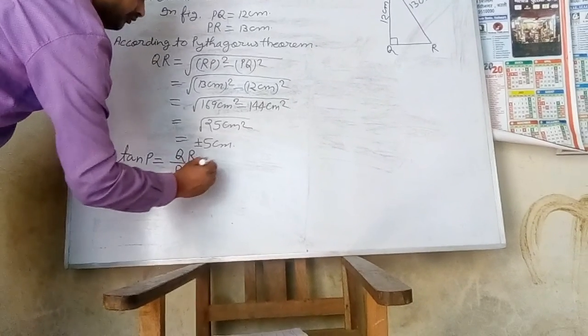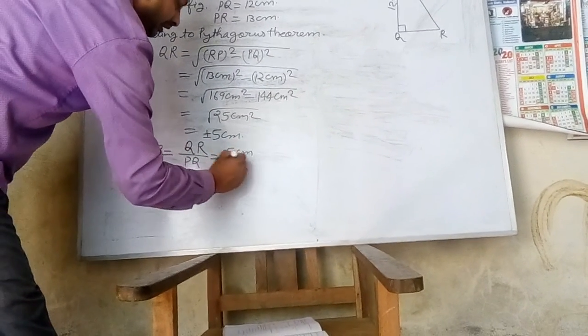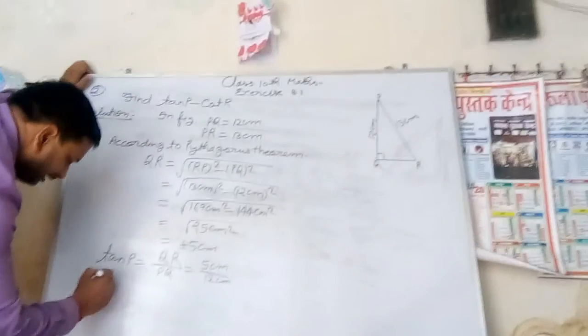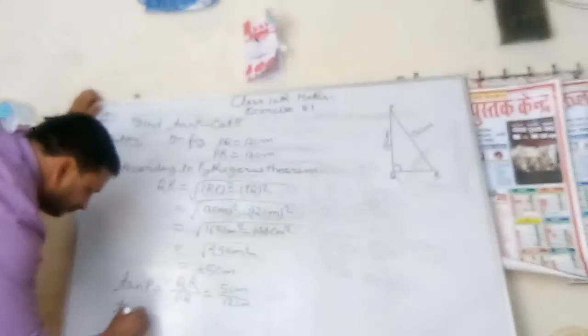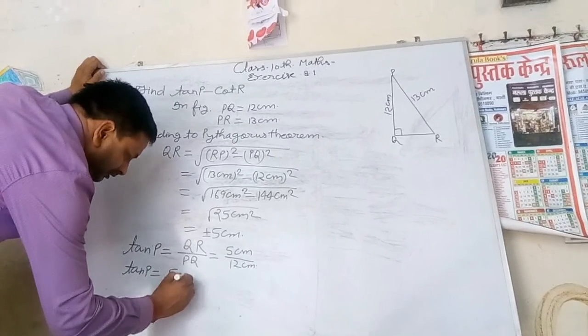PQ equal to 5 centimeter upon 12 centimeter. Then tangent of angle P equal to 5 by 12.